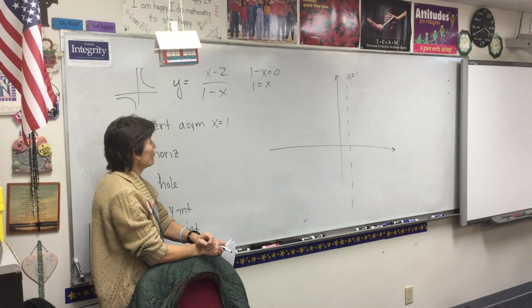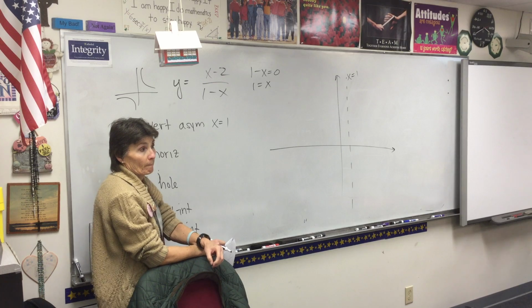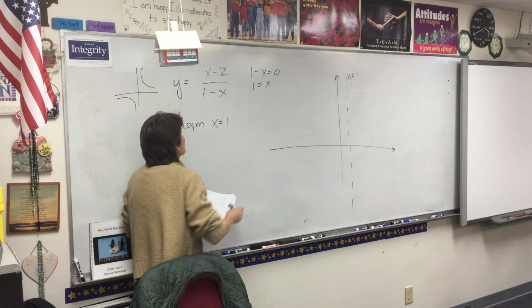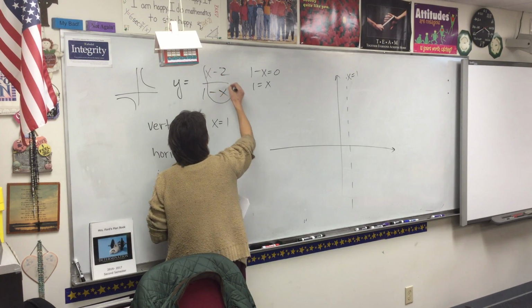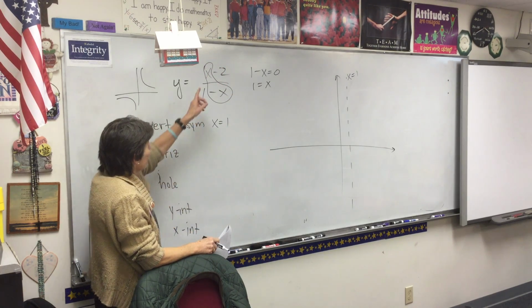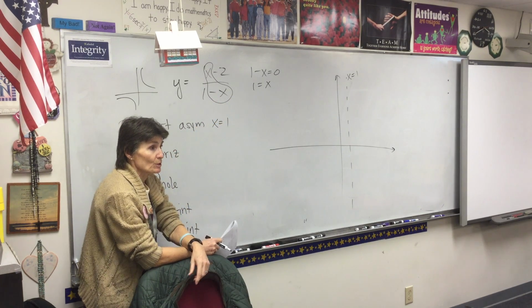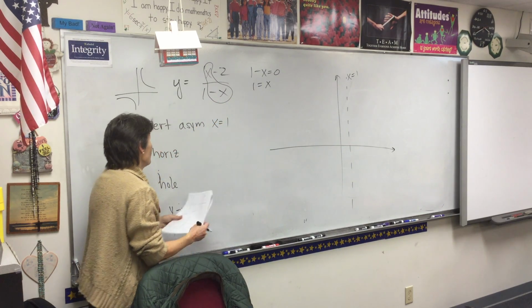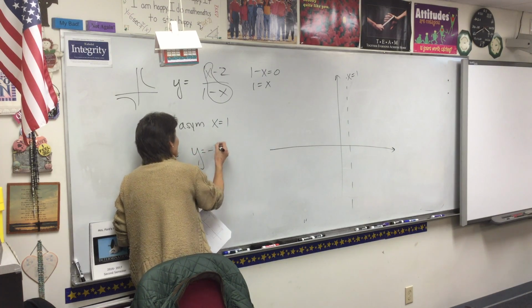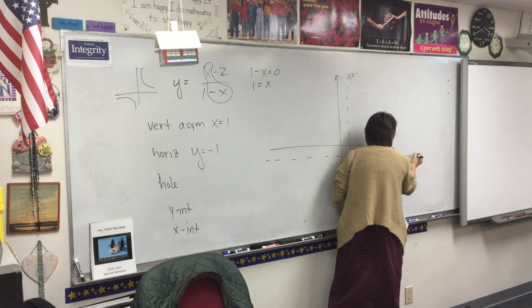All right, now who remembers the horizontal? Where does the horizontal come from? You look at just the x part of the problem. So this one's a little whopper-jawed because of the order. But if you put x over negative x, what does that reduce to? Negative 1. So your horizontal asymptote is at negative 1.